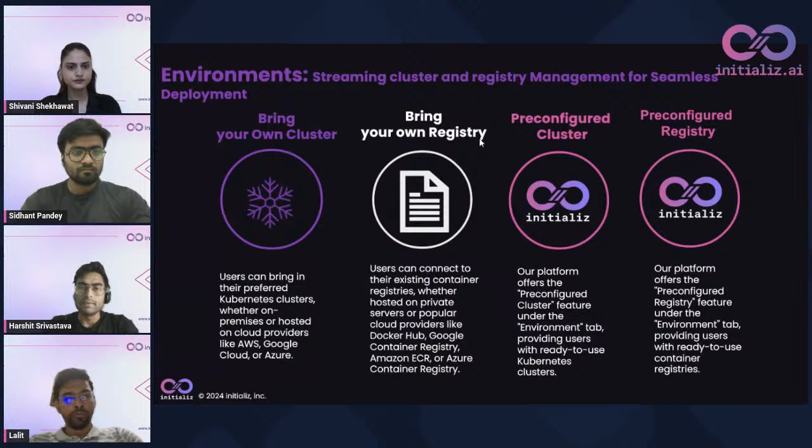That registry is our pre-configured registry in that case. While in other cases, when a user wants to bring his own cluster and his own registry to our platform, then he can use our functionalities for the environment tab. Otherwise, a simple developer who just wants to deploy his app and doesn't have much knowledge about the Kubernetes clusters, registry, those jargons, can simply use our pre-configured clusters and pre-configured registries.